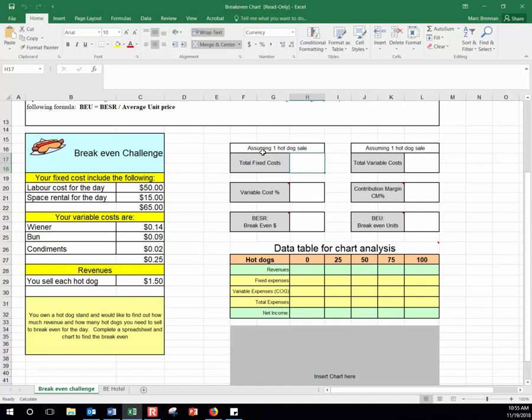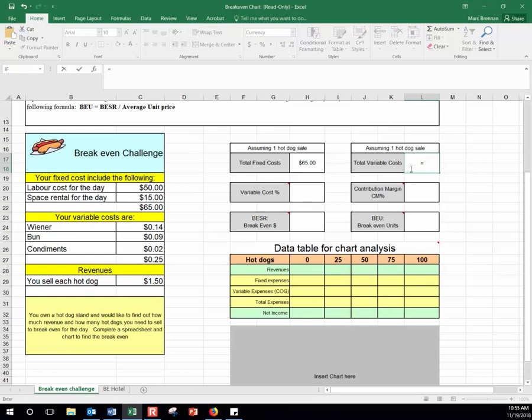So we need to find out some information first for this example before we can move on to the break-even chart. So first of all, what are our total fixed costs for one hot dog sale? Well, that would equal my $65, okay? Because whether it's one or numerous, it's going to be $65.